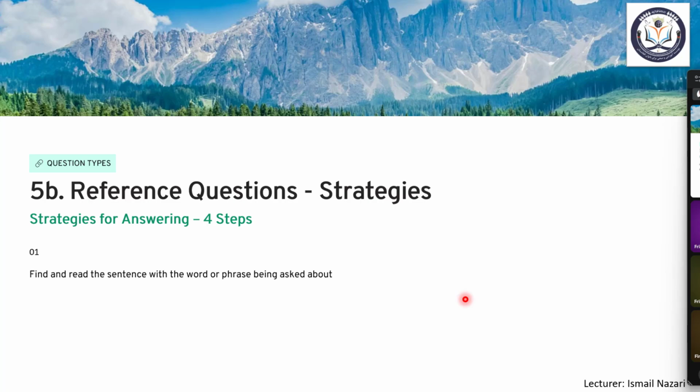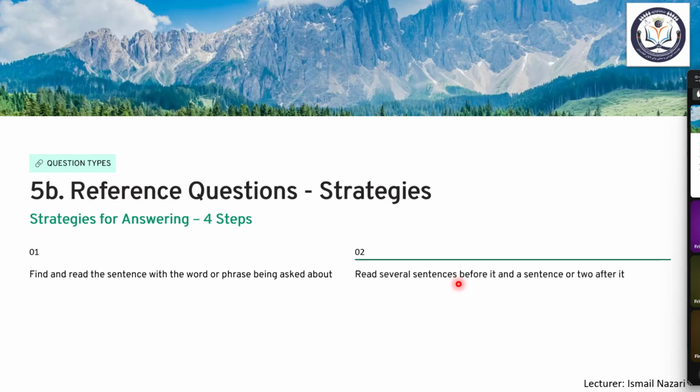Find out that specific referent word location. Find that one. Secondly, read several sentences before it and a sentence or two after it very quickly, because we will not have much time. So manage your time wisely.